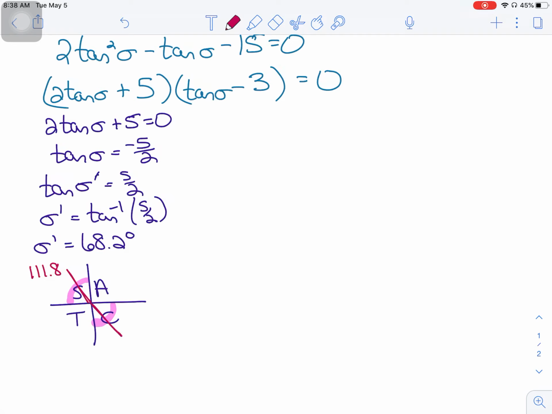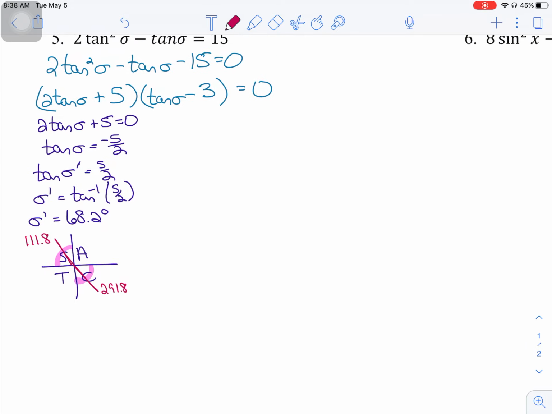Looking in quadrant 4, so 360 minus 68.2 degrees. So 291.8. So let's do a little sigma down here: 111.8 degrees, 291.8 degrees. That's the first half of my answer.